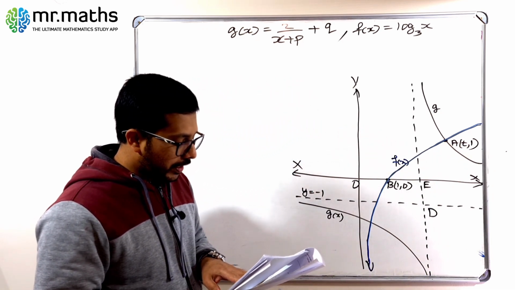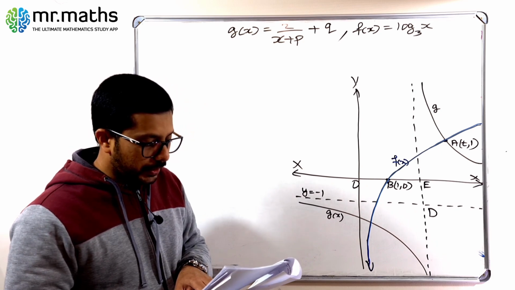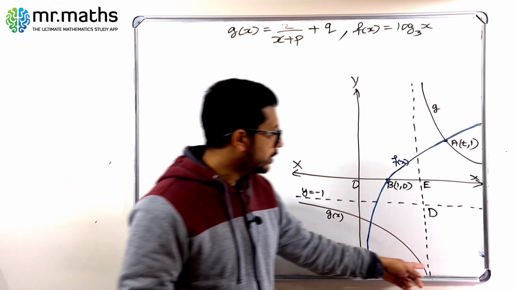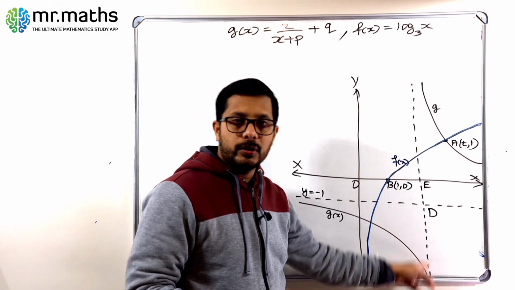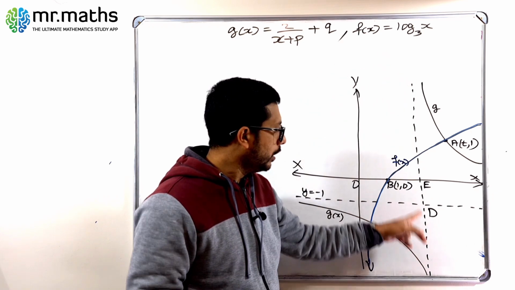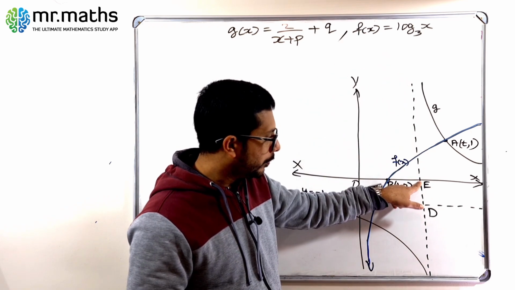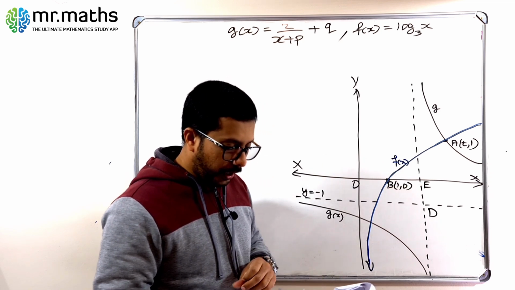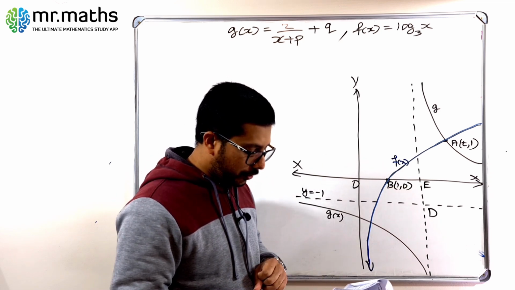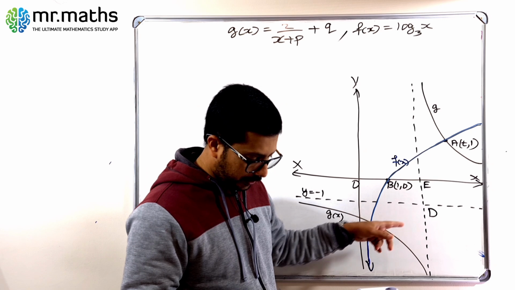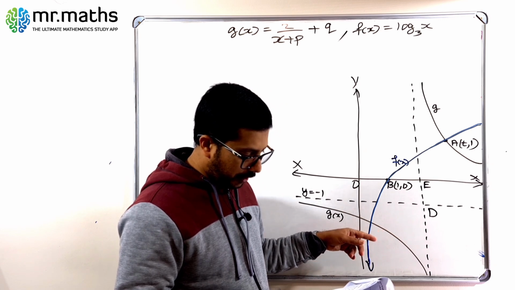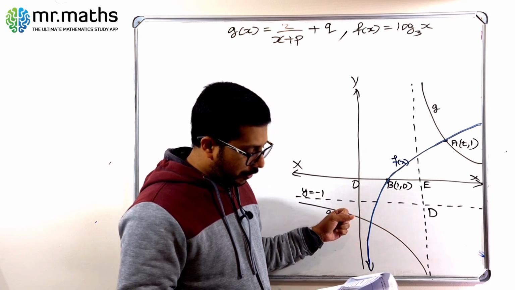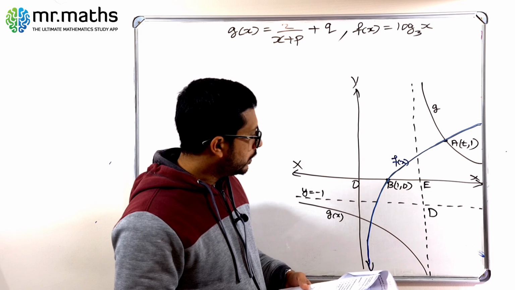Then the vertical asymptote of g intersects the x-axis at the point E. This is the vertical asymptote of the hyperbolic graph, and it intersects the x-axis at the point E. And the horizontal asymptote intersects at D. Okay, OB is equal to BE, that is very important.